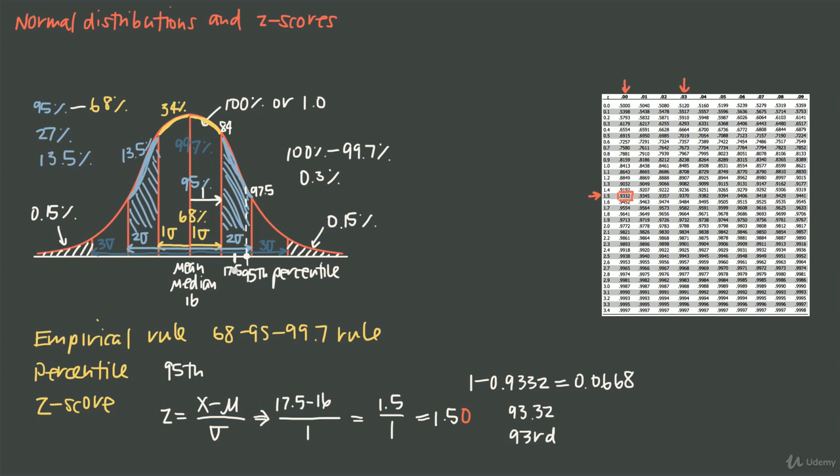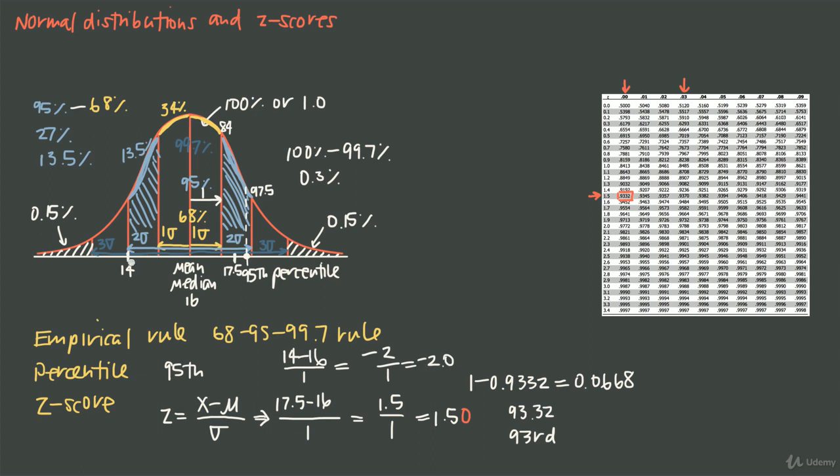So when we took 17.5 minus 16, we got a positive 1.5. But if we were somewhere down here, let's say at 14, below the mean of 16, then our z-score would be 14 minus 16 over 1, which is a negative 2 in the numerator divided by 1, or just a negative 2.0.